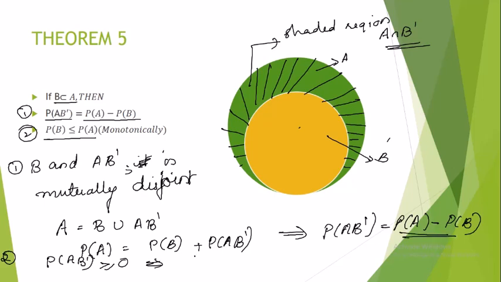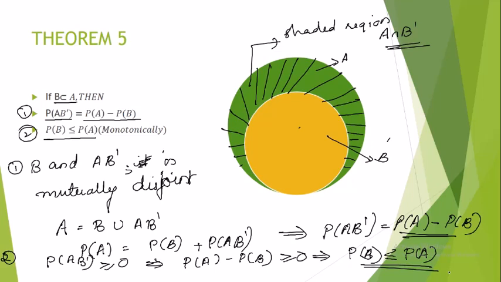From the first result we know that it is probability of A minus probability of B. So we can also state that probability of A minus probability of B is greater than or equal to 0. That implies probability of B is less than or equal to probability of A. I hope this is also understood. We will move on to the next theorem.